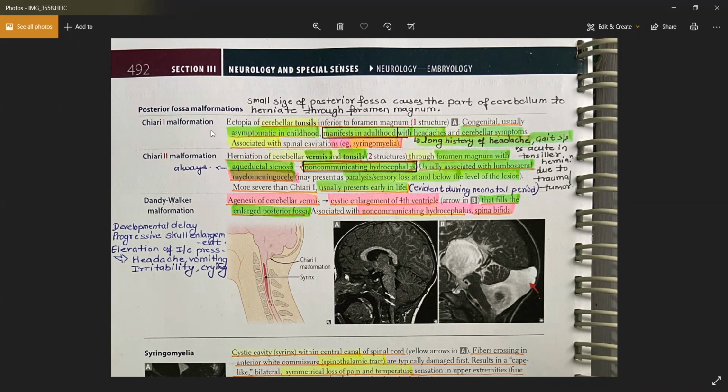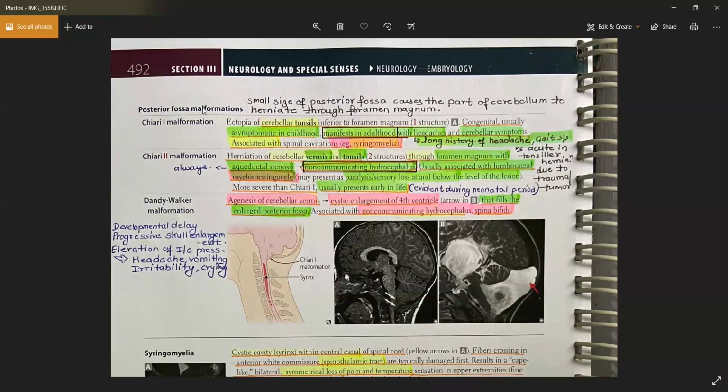So guys, tell me, if you encounter a patient with acute trauma, in that case also you can get herniation, right? So how will you differentiate whether this herniation is because of the trauma or because of Chiari malformation type 1? In trauma, usually the brainstem is getting herniated, while any structure can be herniated actually.